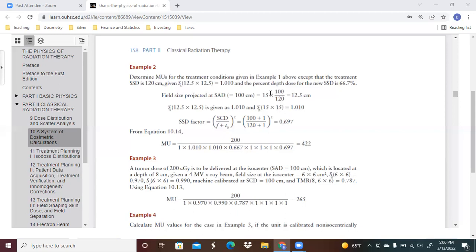The way you do that is you take the projected field size of 15 and take the ratio of the calibration length to the length at where it's being treated. So let me hook up the tablet here to show you a little better.